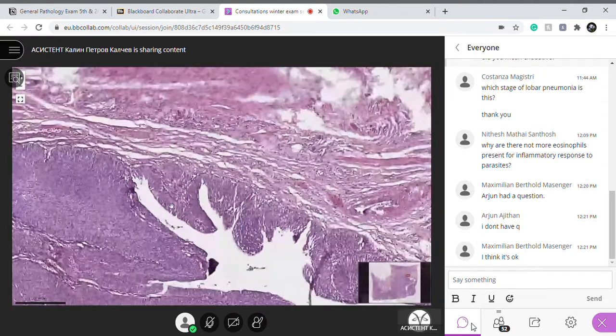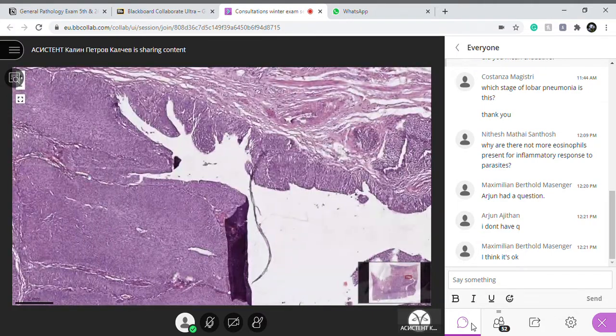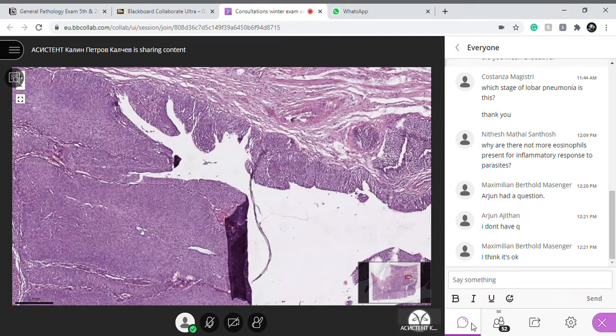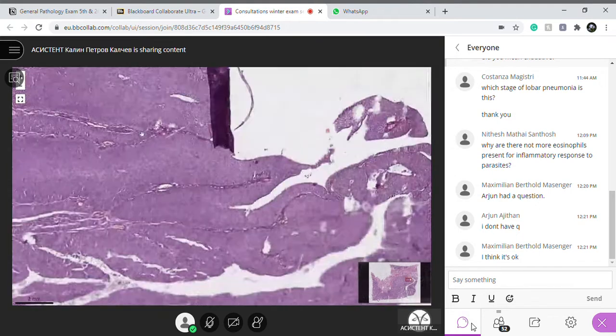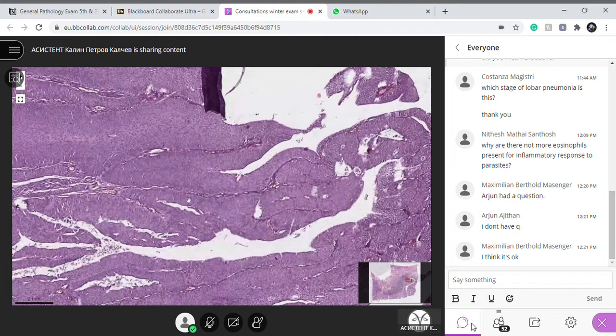In this area, you will see that these fibrovascular cores of the papillae are covered with very thick epithelium, and that epithelium merges with the epithelia of the other fibrovascular cores. Such merging epithelium we see only in tumors. You will see that some of those fibrovascular cores are branching, like here.